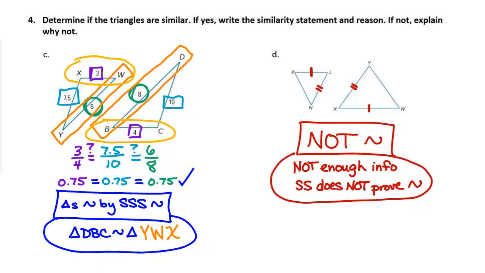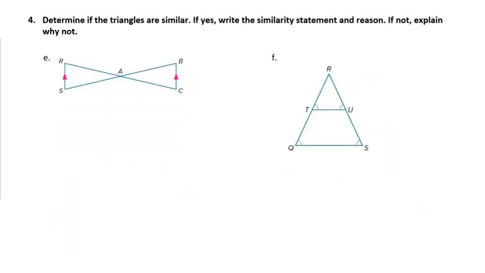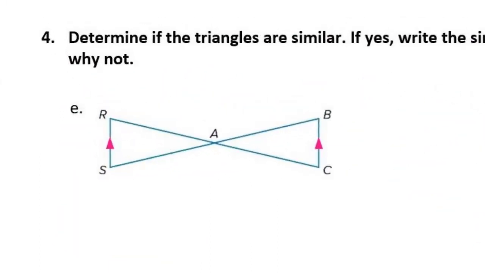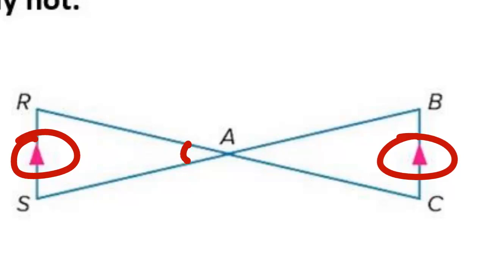All right, last 2 pieces. Let's look at part E. Part E, there is nothing here except for these 2 little marks. What'd you say? Yes, we can mark our vertical angles even though it wasn't marked for us.